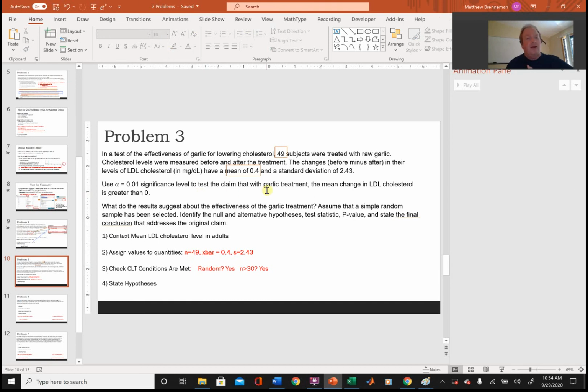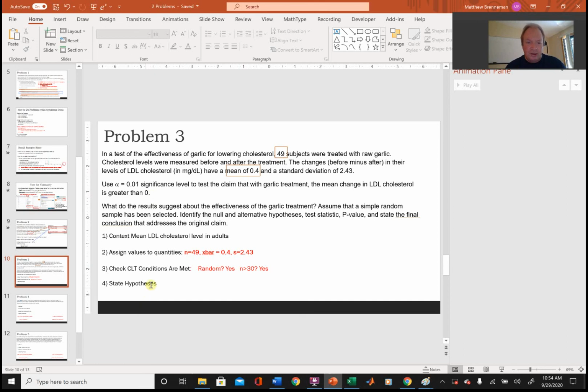You have to be a little careful here, okay? And this is a situation where the book is a little off base here. So we said usually with claims we assume the opposite, okay? But this isn't the manufacturer's claim. So here we're actually testing. This is the research hypothesis. We're testing to see if the mean change, if the mean is greater than 0.